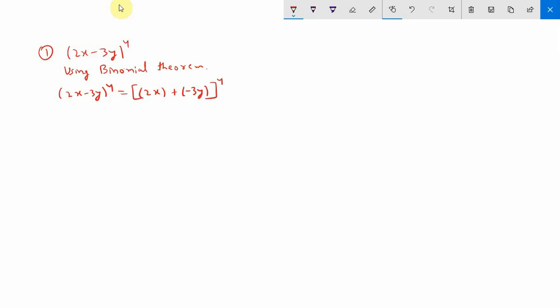Okay, and using binomial expansion, we can write the first term as 4C0, as here n equal to 4. So when r equal to 0, 2x to the power 4 minus 0 and minus 3y to the power 0.